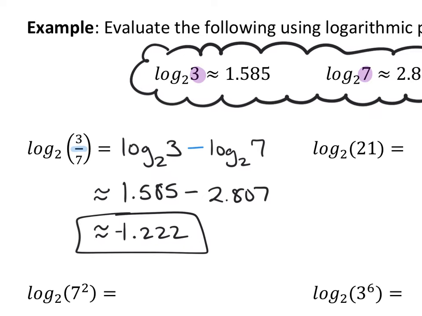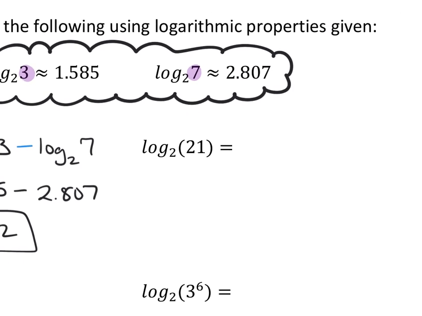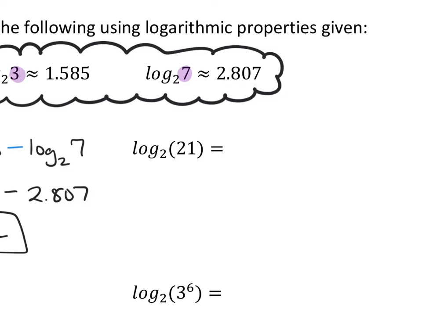What if we look at the second example? It says to find the log base 2 of 21. Is there a way I can make 21 out of the numbers 3 and 7? 7 times 3, right? So we're saying that this is actually 7 times 3 or 3 times 7. If I am multiplying two numbers inside the argument of a logarithm, how can I expand that?